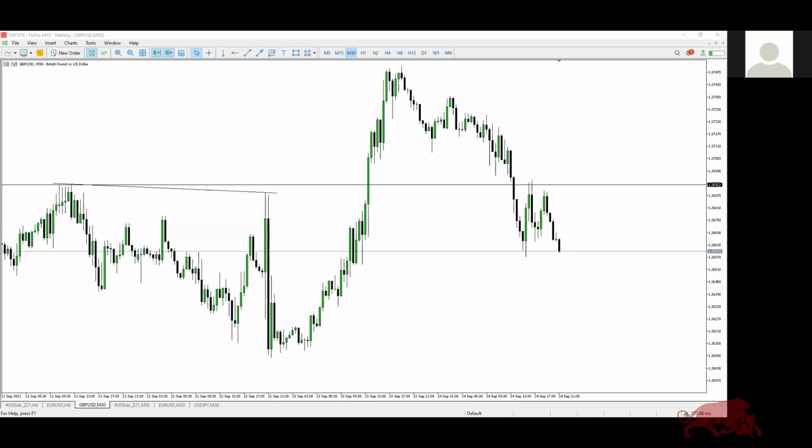Like on Tuesday, we've got GDP for the United States. Definitely the market is going to react. A positive number for GDP, the dollar is going to push to the upside. A negative number for the GDP, and then the dollar is going to go to the downside. So you must understand how to interpret these fundamentals.